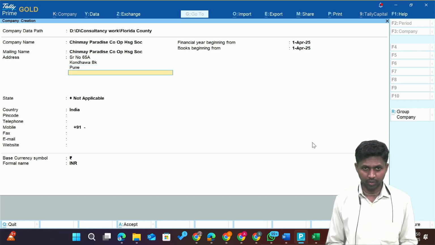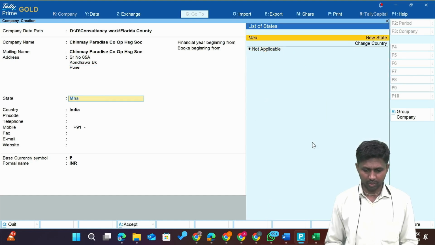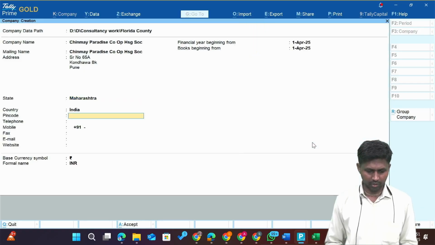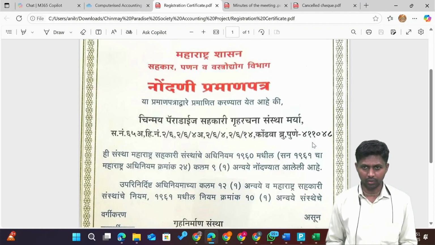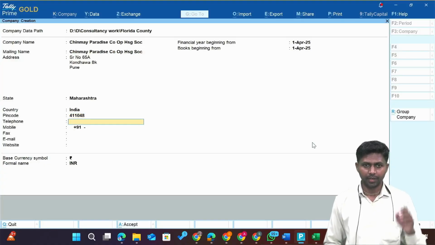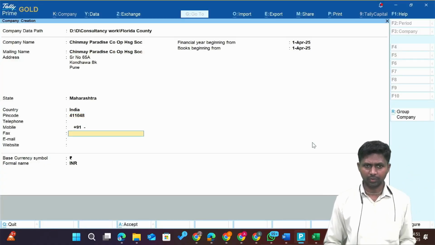Say Pune, and Pune is in Maharashtra. Select Maharashtra, then the pin code number, I think they have written 48. Say 48. Correct. And other things we do not need to specify. If you want, you can, but right now to save time, we'll skip.